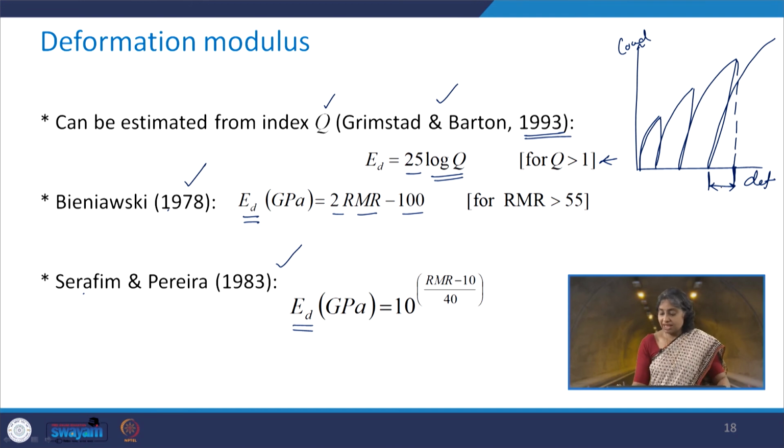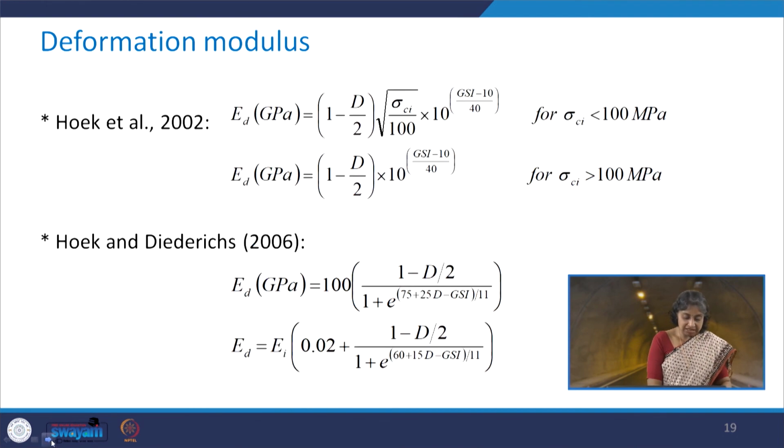That is what we call the elastic deformation, and the total deformation is WD. When you consider the linear as well as the non-linear behavior, the modulus that you obtain is your deformation modulus. However, in case of the elastic modulus, you only consider the linear portion, and from there you find the elastic modulus. In rock mechanics and rock engineering, it is the deformation modulus which is quite often used rather than the elastic modulus.